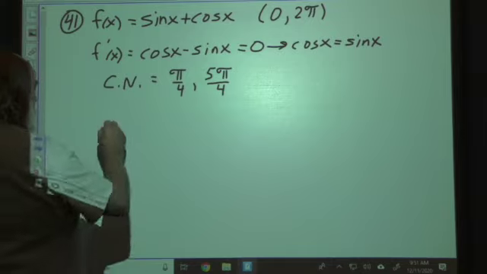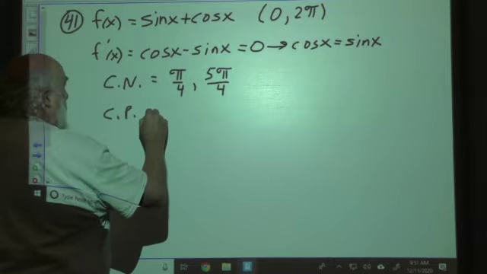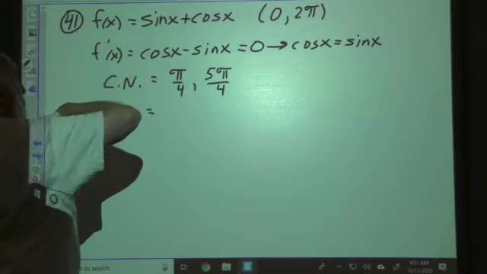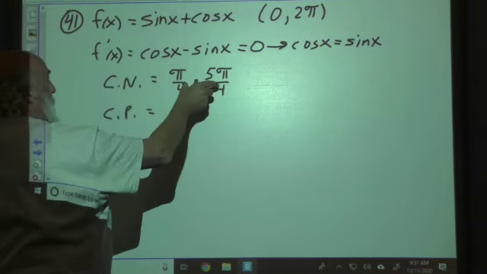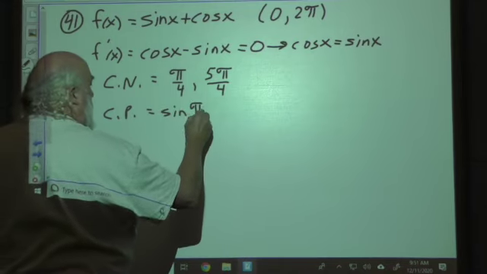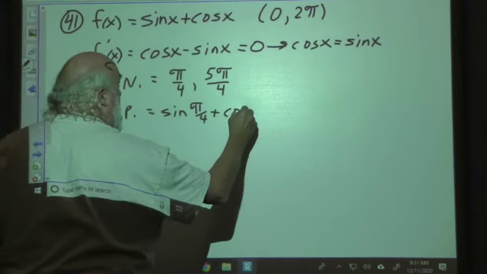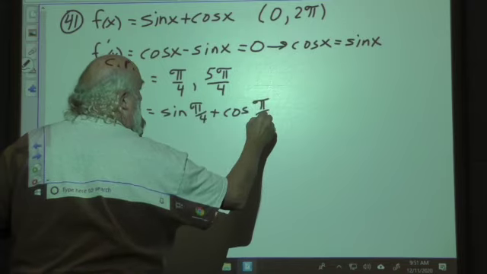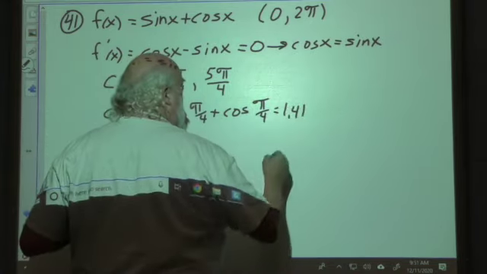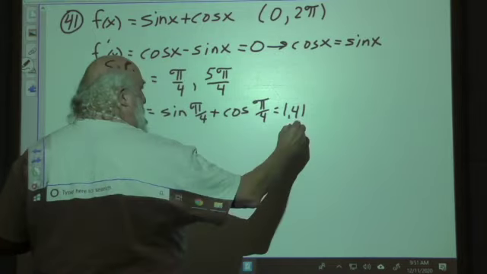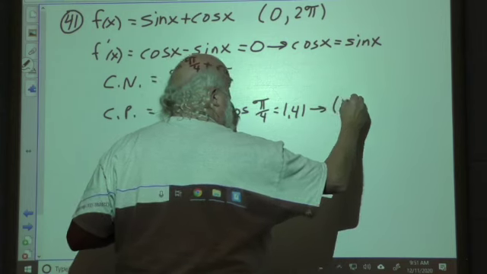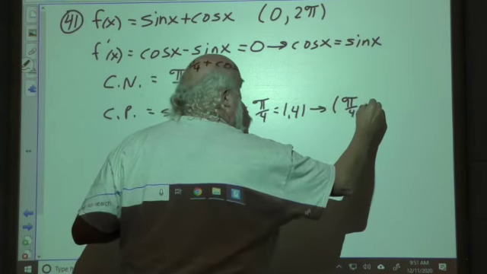Okay, so let's find the critical points then, using these values right here. You want to find the y for these two x's. So this will be the sine of pi over 4 plus the cosine of pi over 4. Type that out in your calculator, you get 1.41. So that critical point is pi over 4, 1.41.